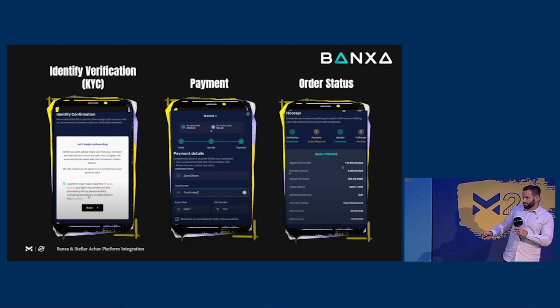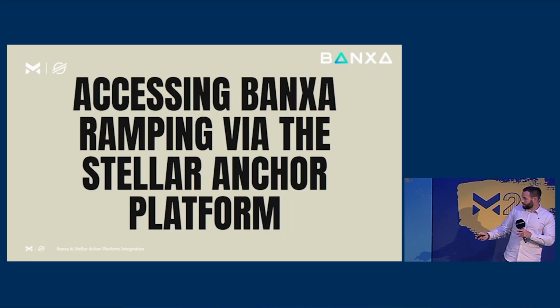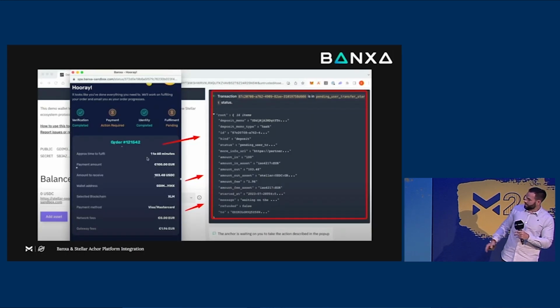But once the order is completed, that status goes back to the Anchor platform, and all that information is available to the customer to follow up their order. If the payment comes in later with a bank transfer, the status gets updated by webhook. Similarly, once we deposit the crypto to the customer's wallet, there are more webhook updates. This can all be shown in some sort of UI on the partner screen.